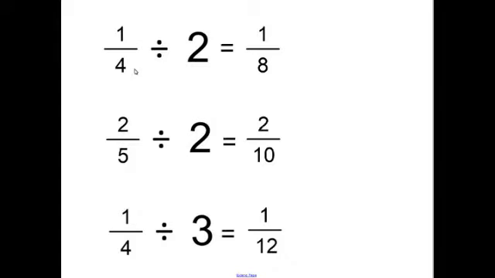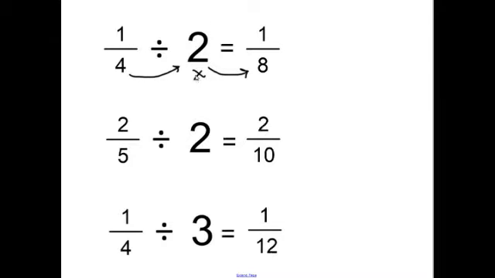So what's happening here? Well, if we multiply the denominator of the original fraction by the divisor of the whole number, in this case 2, it will give us the new denominator.